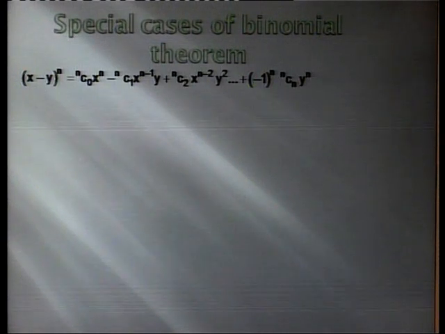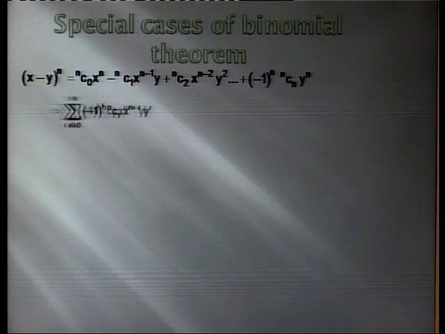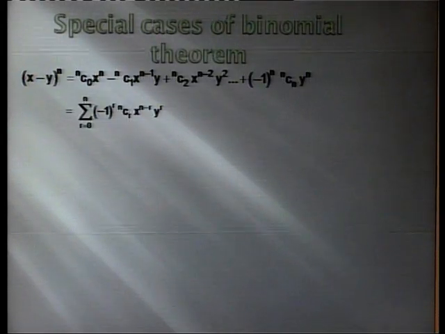This is also a particular case, because my a you choose as x and b I am taking as minus y. So, you write it as minus 1 raised to power r, nCr, same thing, x raised to power n minus r, y raised to power r. So, the expansion of x minus y raised to power n will be of this nature.